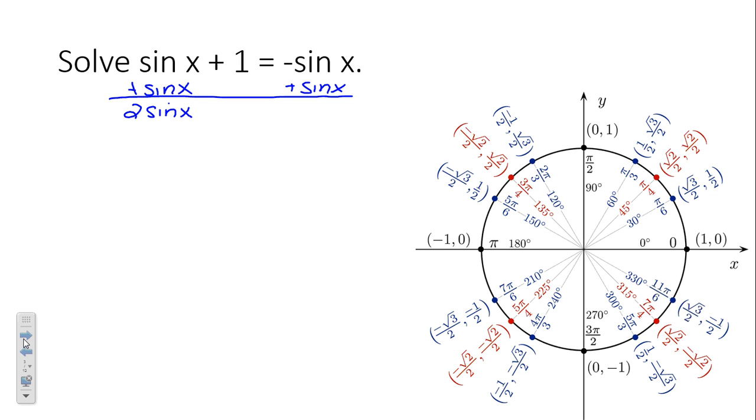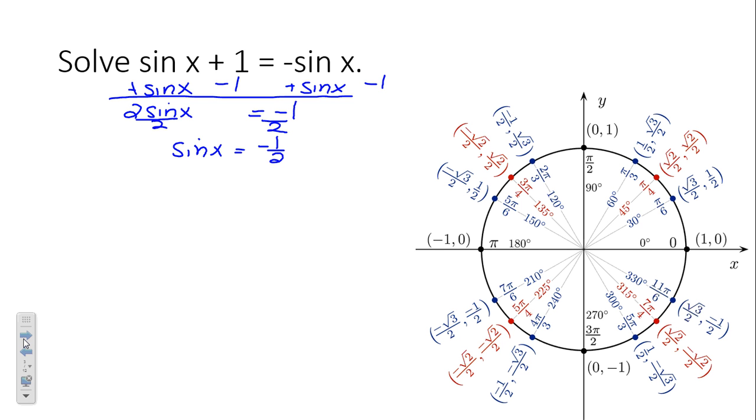But let's get rid of this 1. Now, what do I have to do to get the sine of x by itself? Divide by 2. So now the sine of x is negative 1/2.